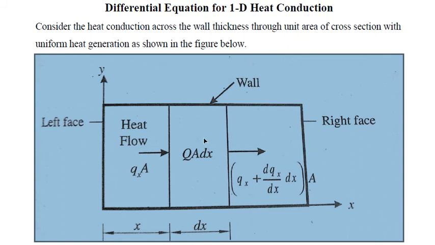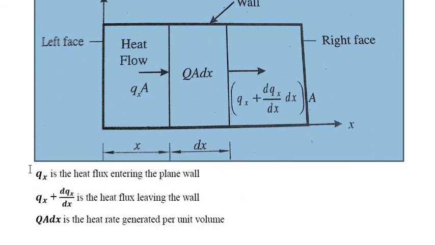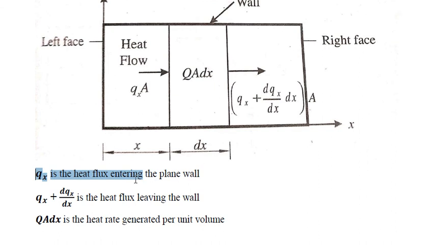Now internal heat generation be QA dx. Let QA dx be the internal heat generation. That is what said here. Let Qx be the heat flux entering the plane wall. As I said, it is a plane wall.